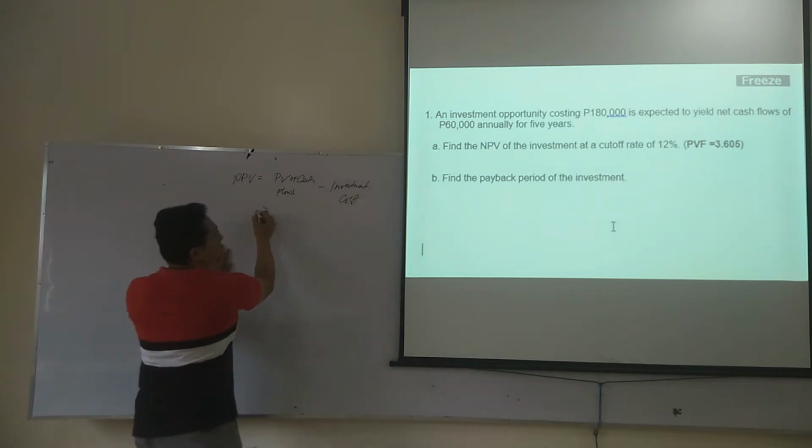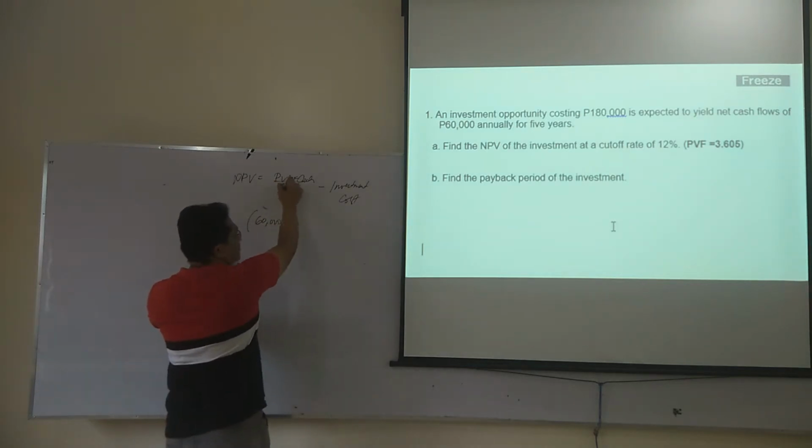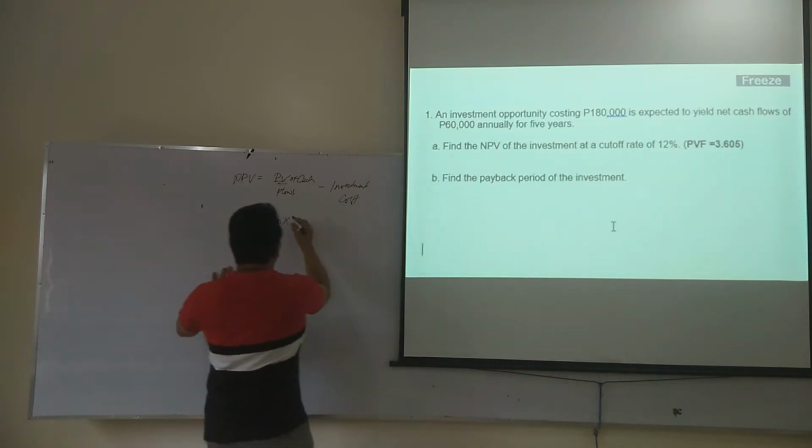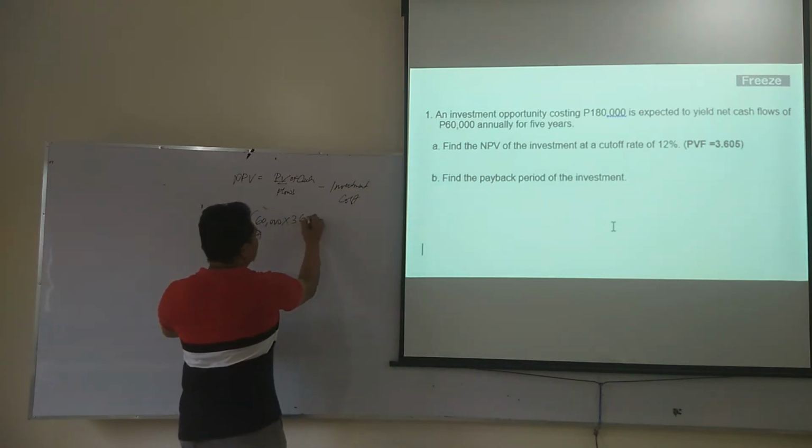So it's 60,000 times the present value factor of 3.605.